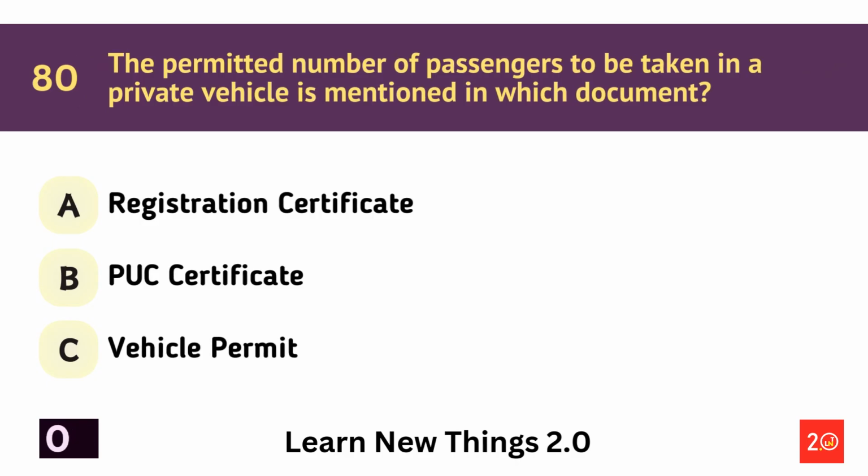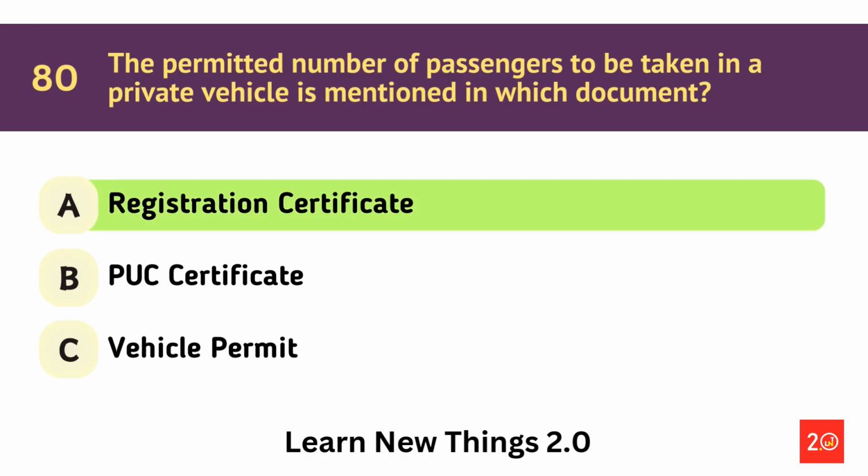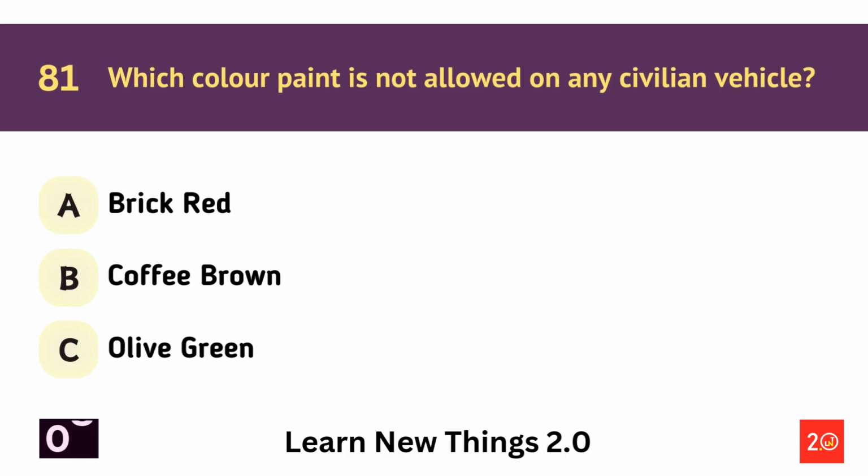The permitted number of passengers to be taken in a private vehicle is mentioned in which document? Registration certificate. Which color paint is not allowed on any civilian vehicle?